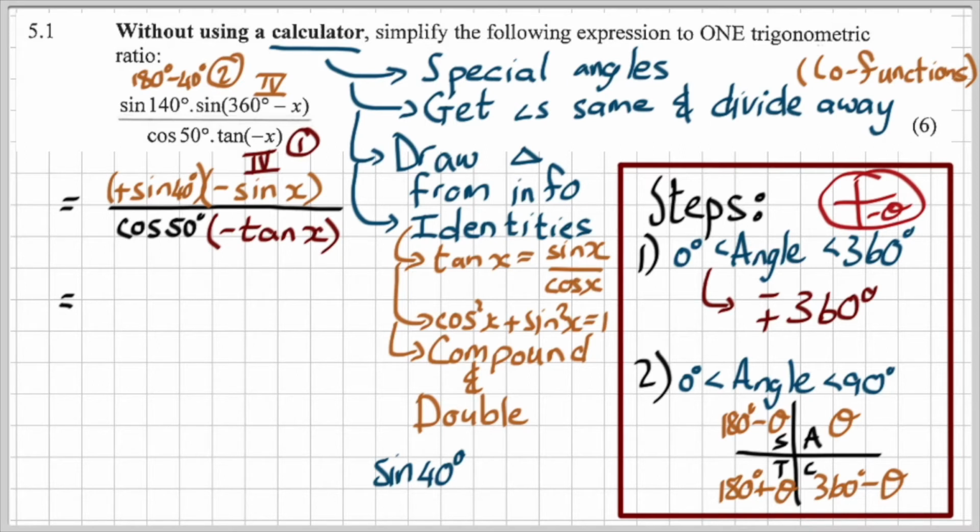First of all, cofunctions, the 50 degrees, because 40 and 50 together gives me 90. So sin can change into cos. But also, I could look at 2 times 20 because it's a double angle.